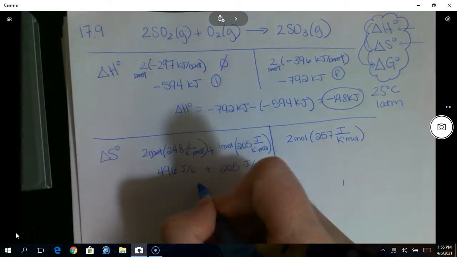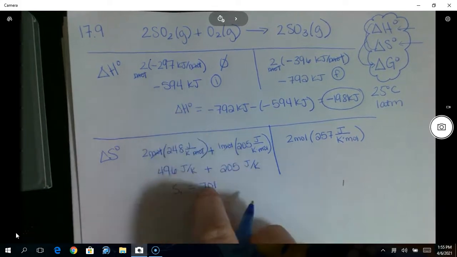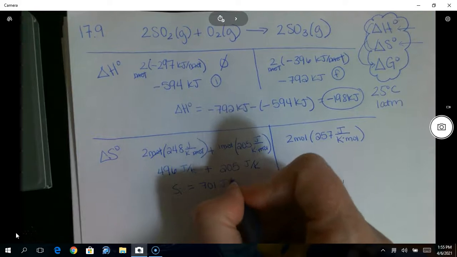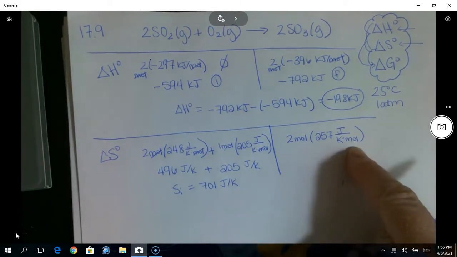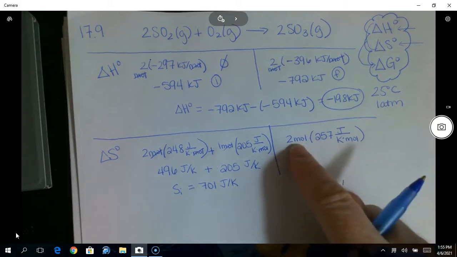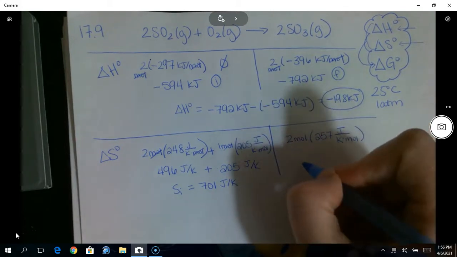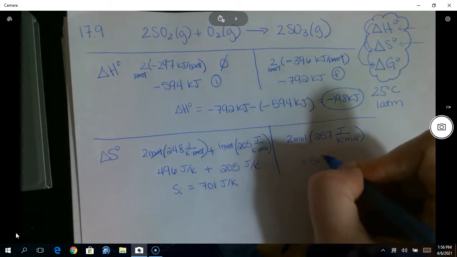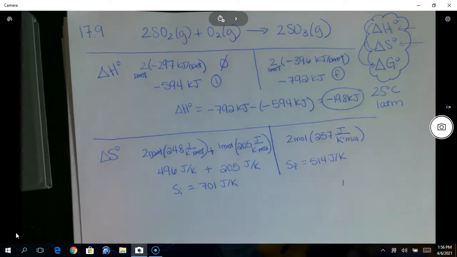So overall, my S initial is 701 joules per Kelvin. My S final is going to be 2 times 257. So that's going to be 514 joules per Kelvin. That's my S final.